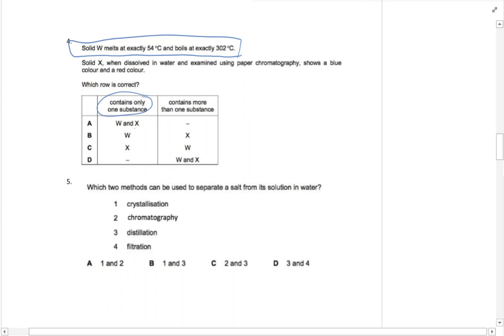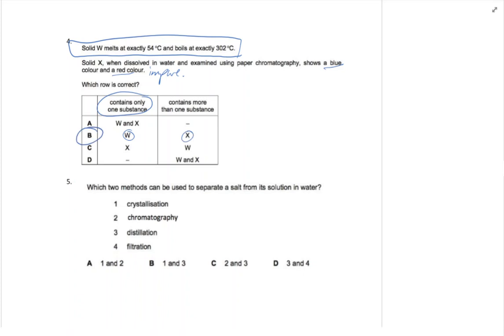The only one which has just W would be this one. And X shows a blue and a red color, so it's impure, we've got two different substances there, so it contains more than one substance, leaving B as my final answer.